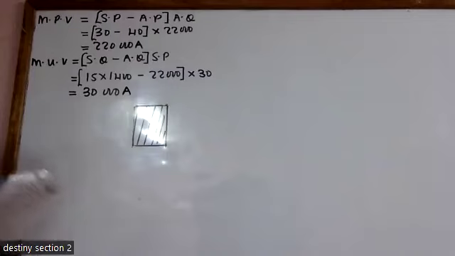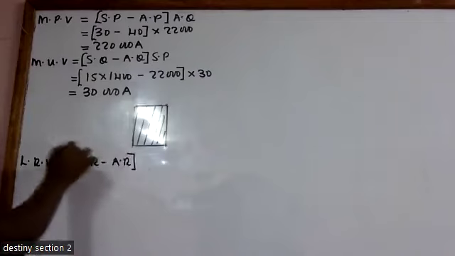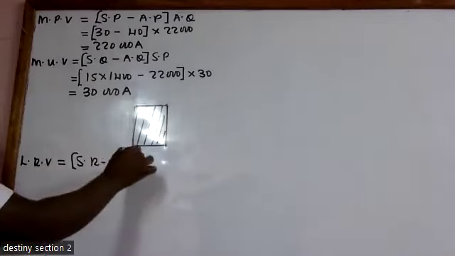The next is labor rate variance. Labor rate variance, we said is given as standard rate minus actual rate, you multiply by actual hours.